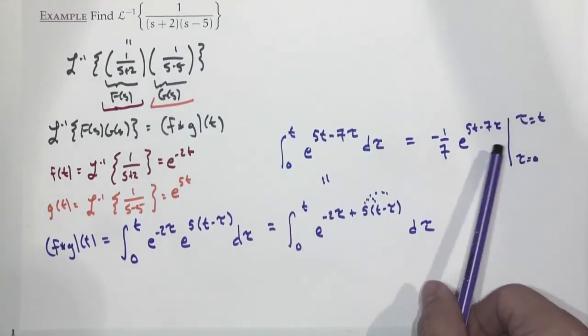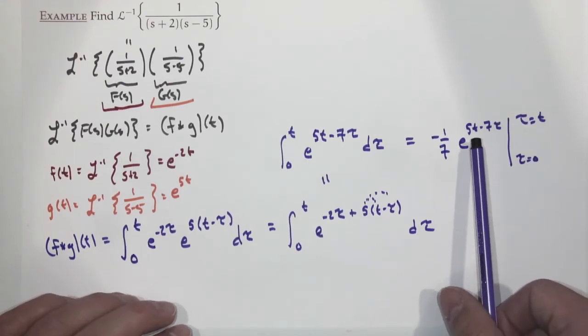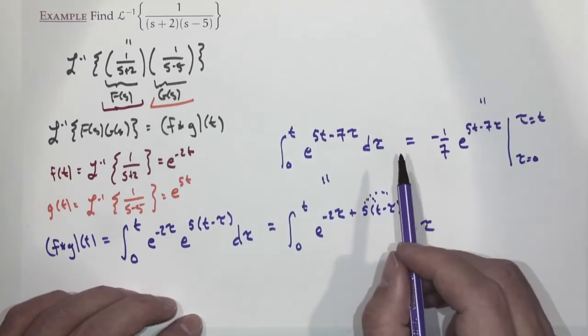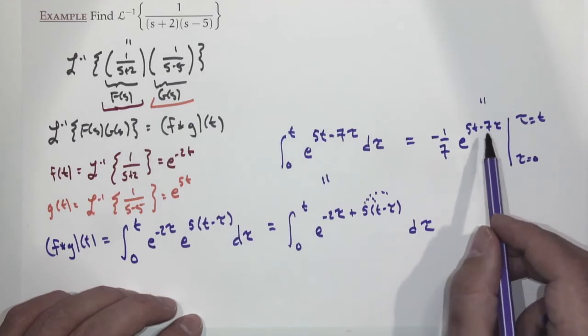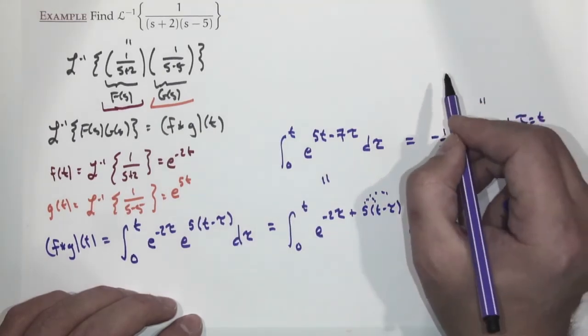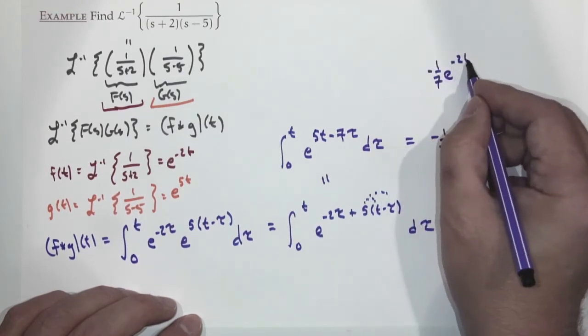When we plug in tau equals t, what do we end up with? Well, we have 5t minus 7t, which is negative 2t. So we have minus 1/7 e to the minus 2t.